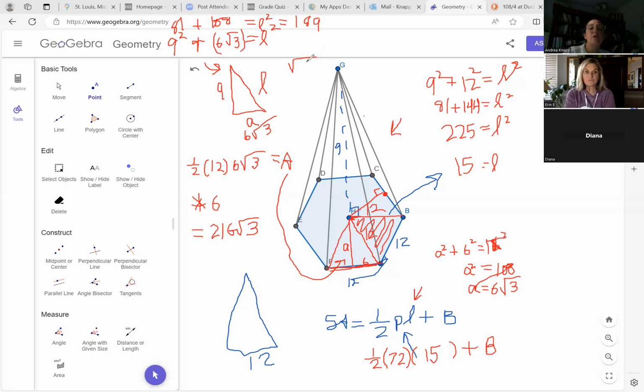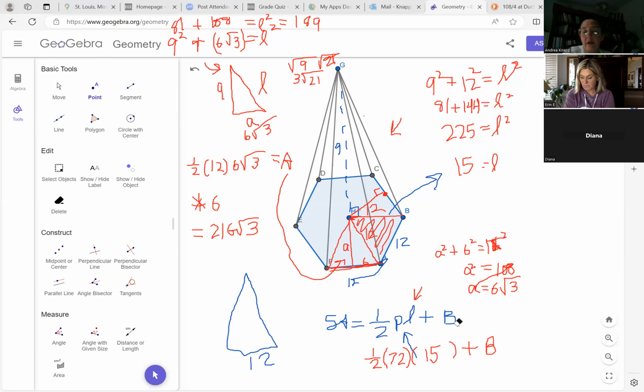As root 9 times square root of 189 divided by 9 is 21. So we've got 3 root 21. And that is our L. Right.